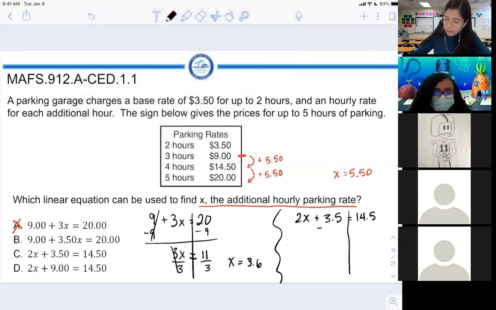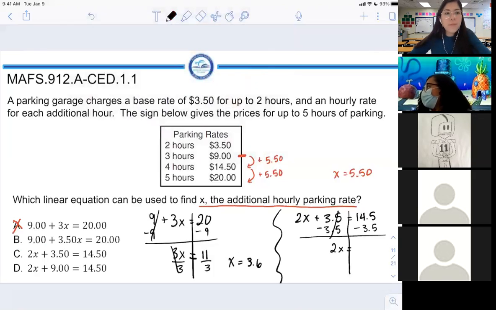Okay, minus 3.5 on both sides. What's 14.5 minus 3.5?